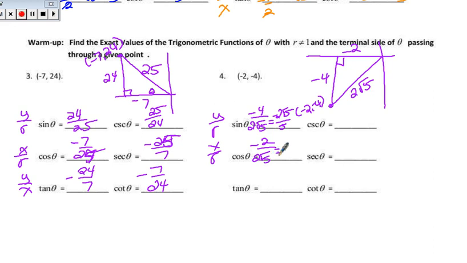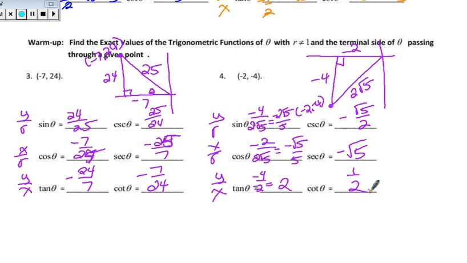And that will rationalize down to negative root 5 over 5. And then tangent is y over x, so it's going to be negative 4 over negative 2, which would get us a positive 2. The reciprocals of these guys, again, if you rationalize, take a step back, it'll be a little bit easier. So this will be negative root 5, negative root 5 over 2, and then the flip of this guy would be 1/2.